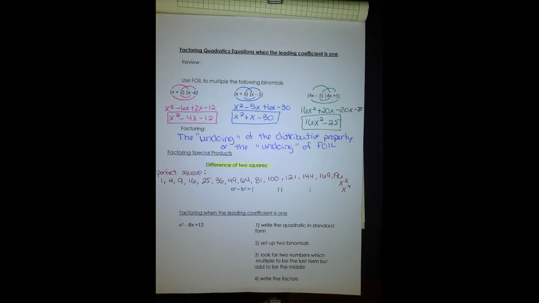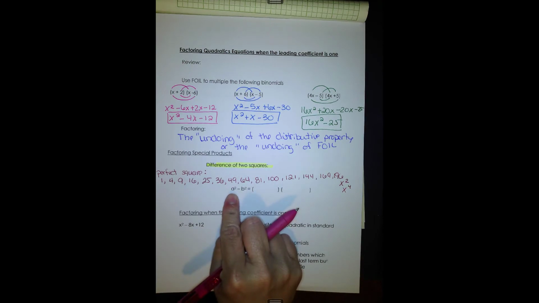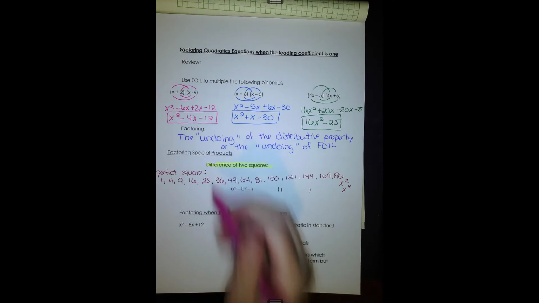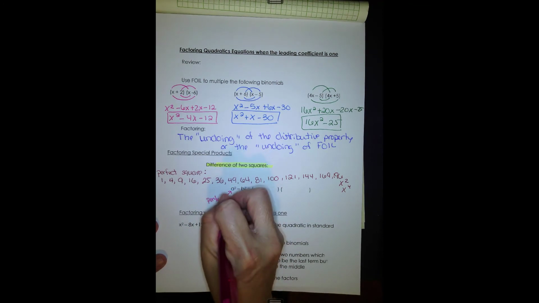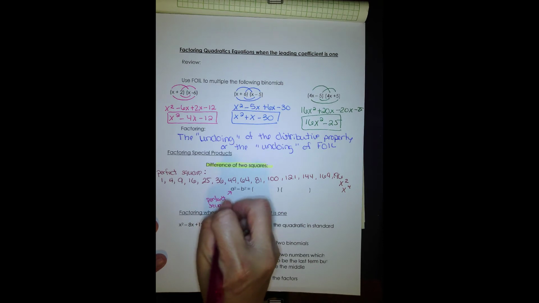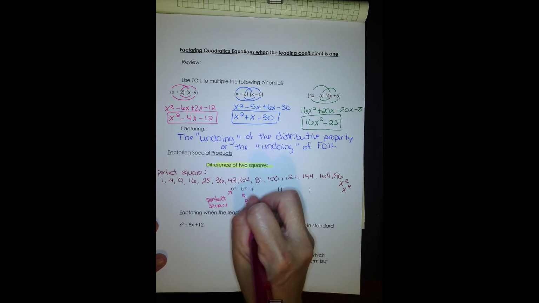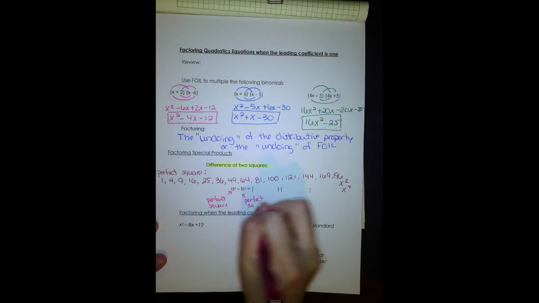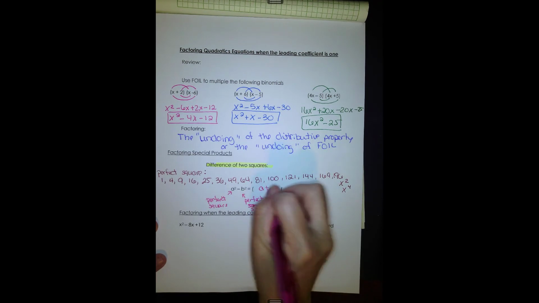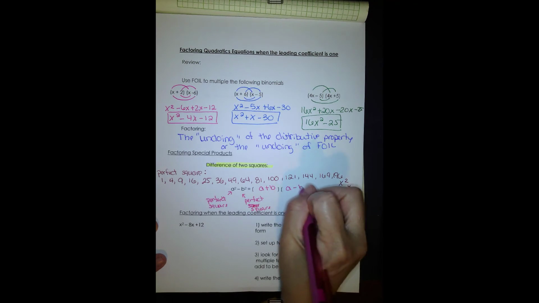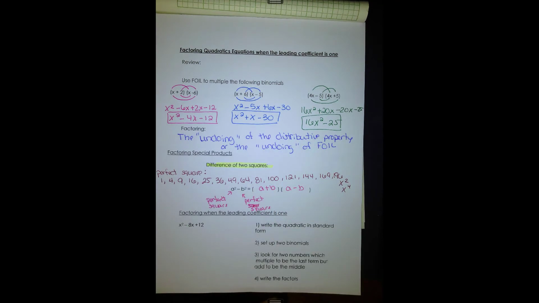What makes this a difference, meaning subtraction, of two squares if we have a squared minus b squared? So for example, this is a perfect square, and this is a perfect square. Their factors are going to be a plus b and a minus b. So ultimately what we would be doing is taking the square root of each of those.